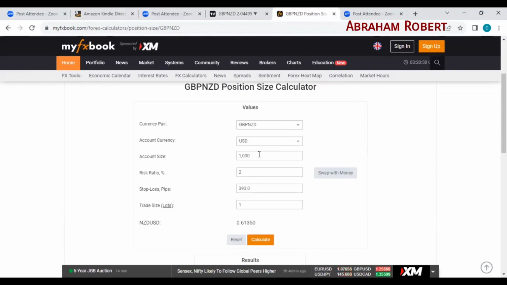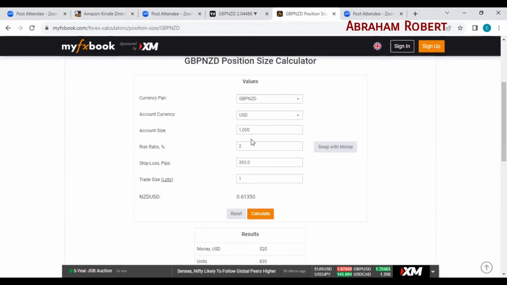Now, account size. What is your account size? $1,000, $10,000, $100? You put your account size here. Now, the amount you want to risk: you can put it in currency or in percentage. Let's say we want to risk 3% of our account in this trade, so you just put 3%.